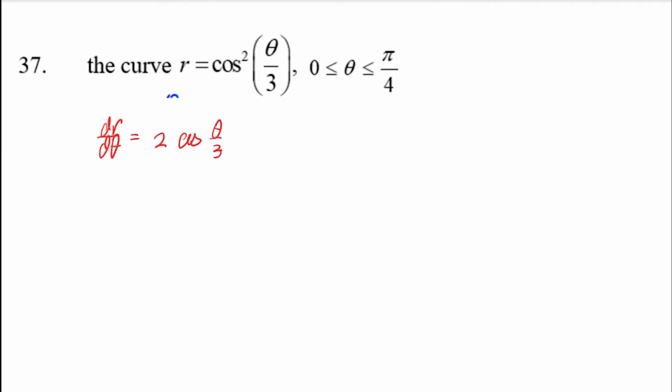Good. And then chain rule, right? Negative. So we change this to negative now. Negative, and then sine theta over 3. And then another chain rule, plus 1/3 here. Good. Say yes.